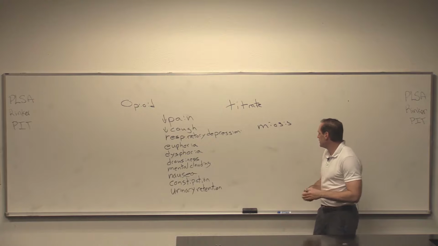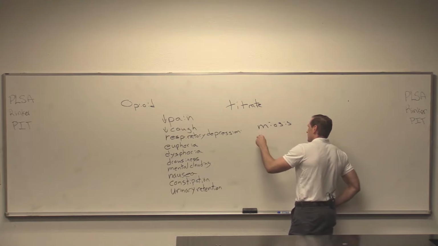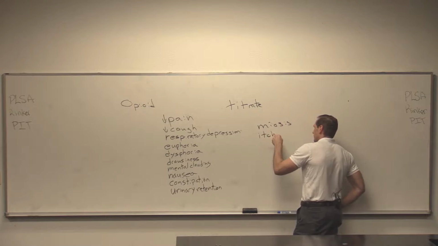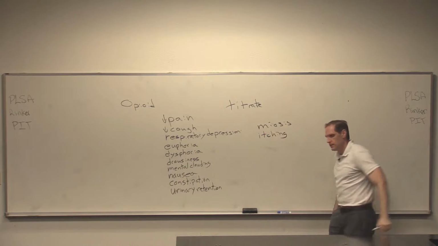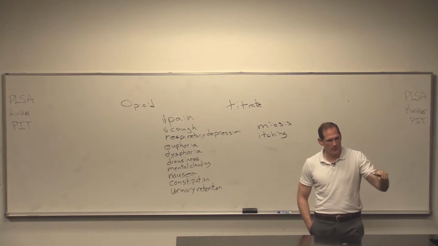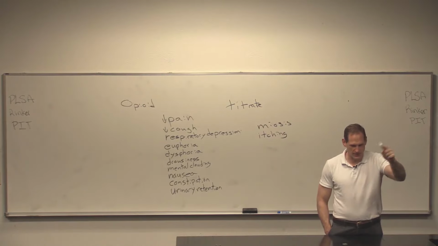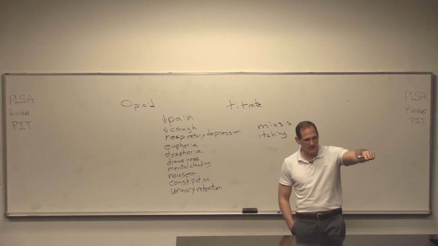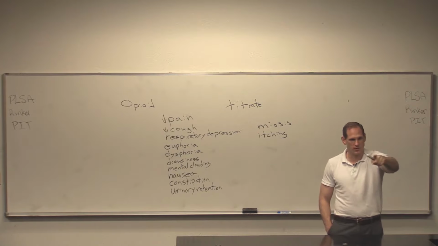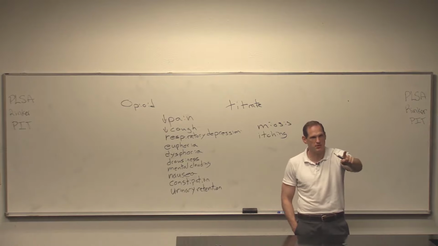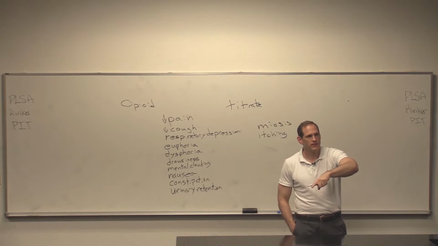Next, we have itching. Opioid receptors are coupled to histamine receptors or something. Yeah, histamine receptors. So when you activate opioid receptors, you also release histamine, get histaminergic effects. So that causes itching.